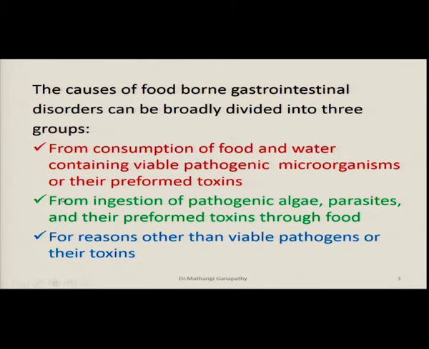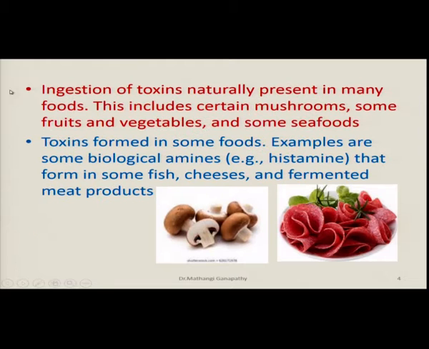The second category is from the ingestion of pathogenic algae, parasites and their preformed toxins. The third category is for reasons other than the viable pathogens or the toxins: ingestion of toxins naturally present in many foods. So, toxins can be present even if there is no live organism.